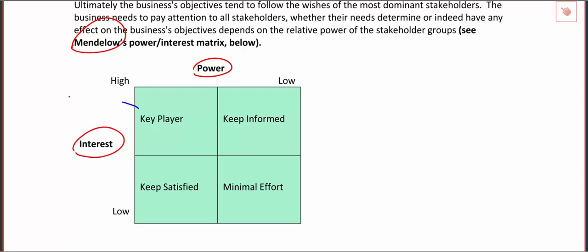For example, you might find a major customer in this position. Okay, so somebody who could potentially have a lot of power over you, and is going to be really interested in what you're doing because they're going to want to know what the next product is coming out, how reliable your supply is, and so on.